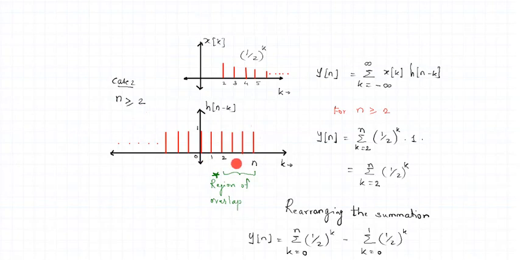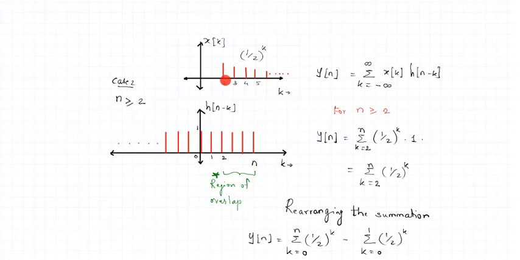So we are going to place this sample anywhere in the area from 2 to plus infinity. n greater than 2 means we are covering all the region of x of k. We are going to overlap these two signals for all the region from n equals 2 to plus infinity.